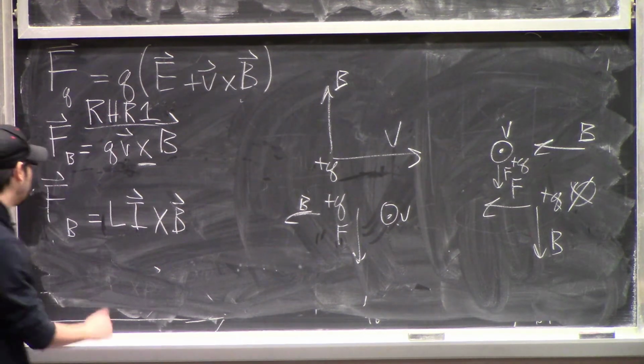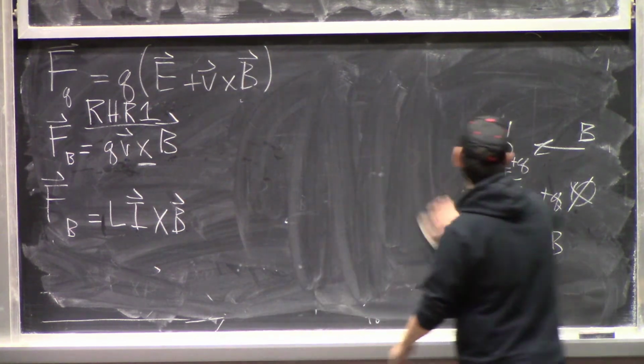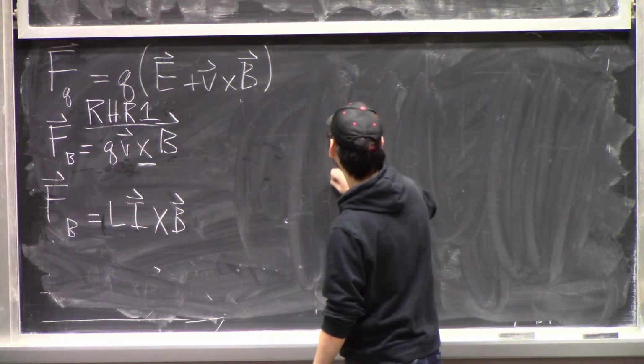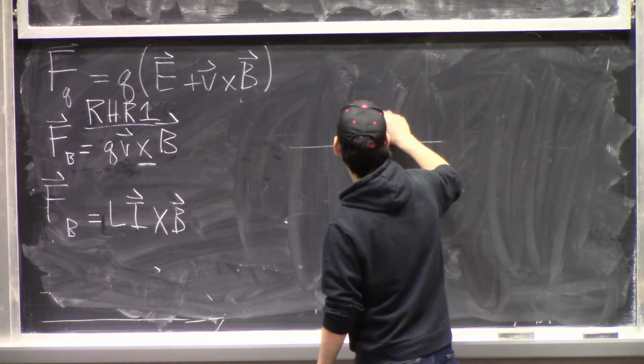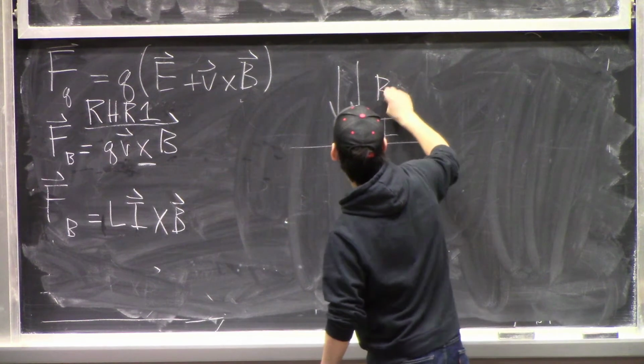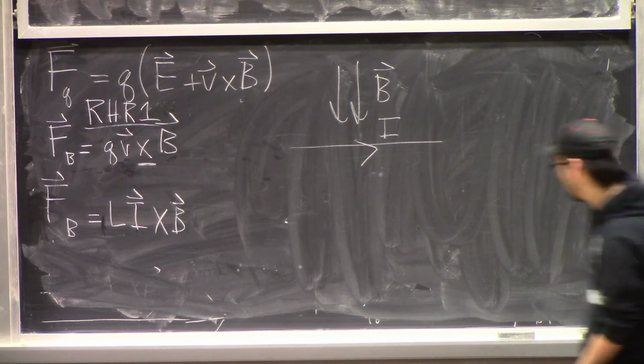So if instead I tell you I have some wire with some current, and we want to find the direction of the magnetic field. Say we have this case, we have I and let's say B points down. What's the direction of the force on this one? This one is going to be pointing in, right?